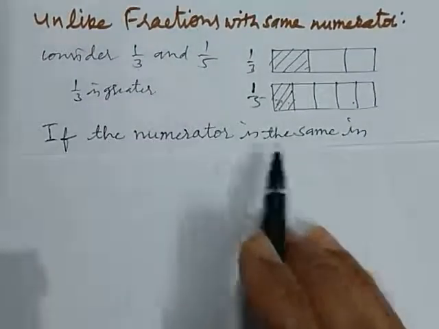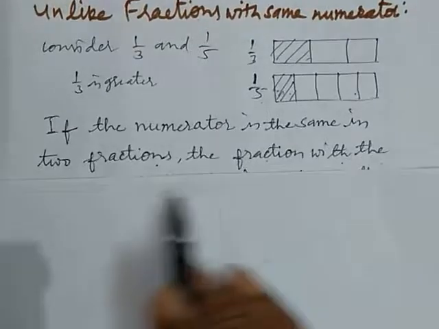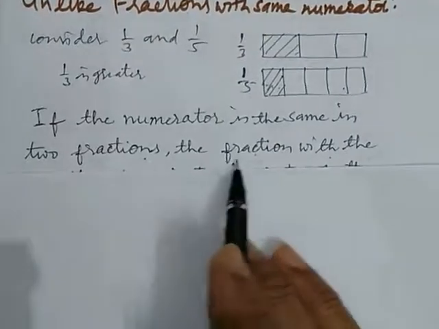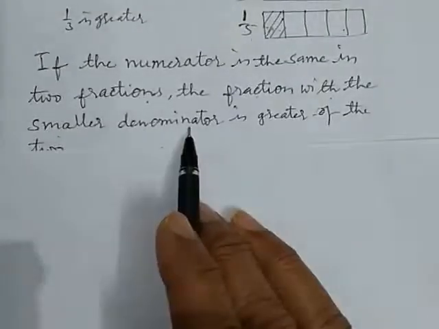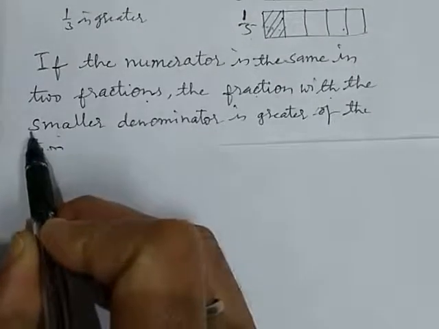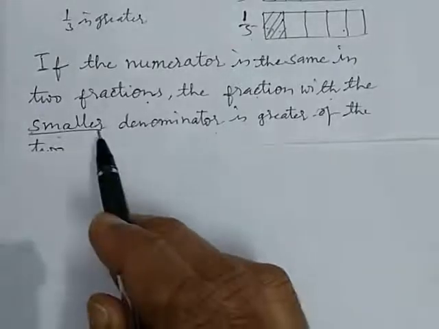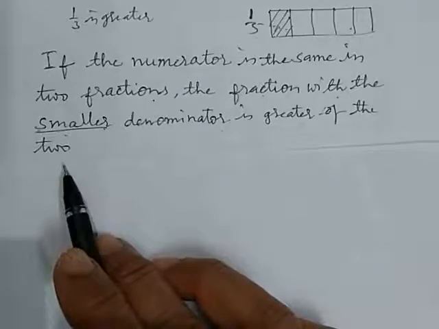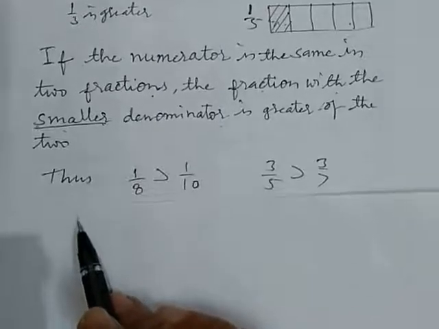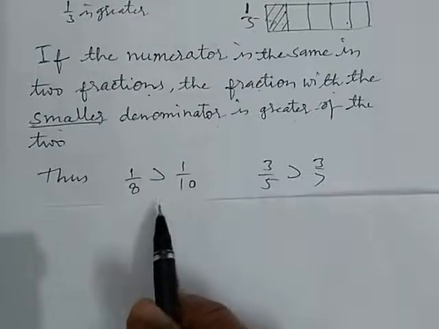If the numerator is the same in two fractions, the fraction with the smaller denominator is greater. So consider this: the smaller the denominator, the greater the fraction.